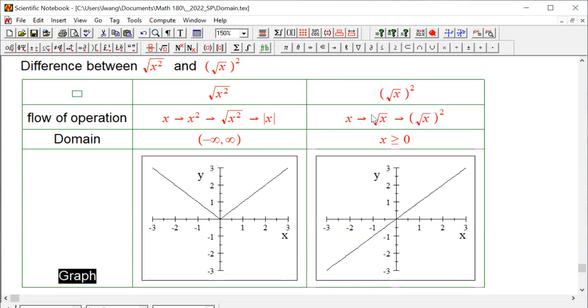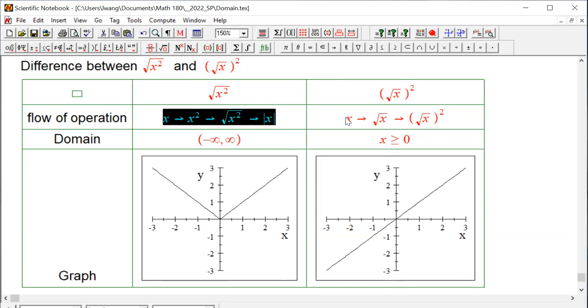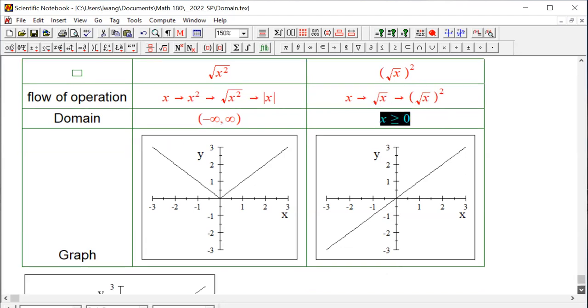So you can see these two are completely different functions, from the order of operations, from domain and range. Let's look at the range. Actually, I think this picture is flawed. This graph doesn't give the right picture.